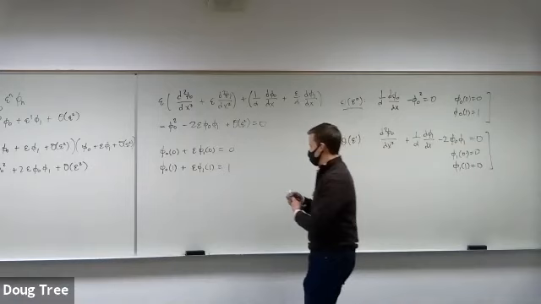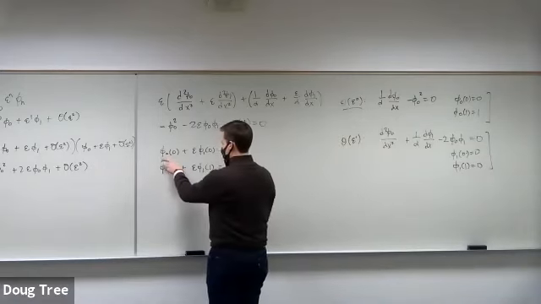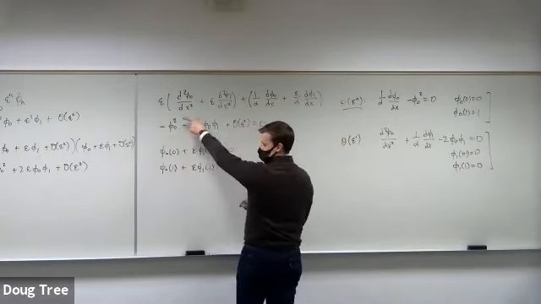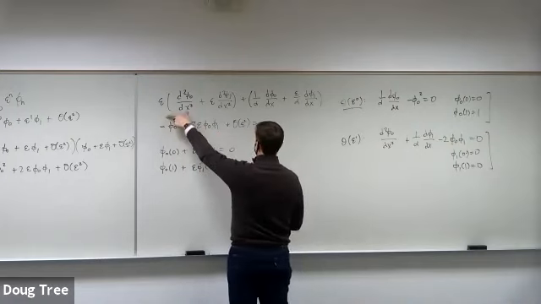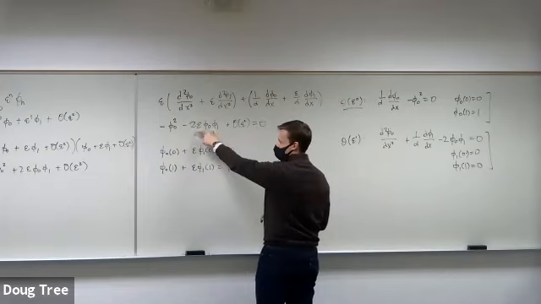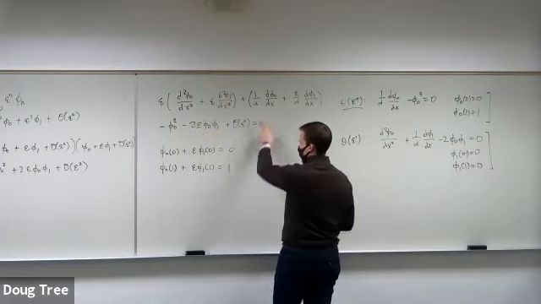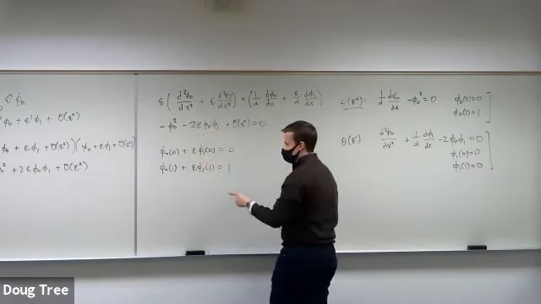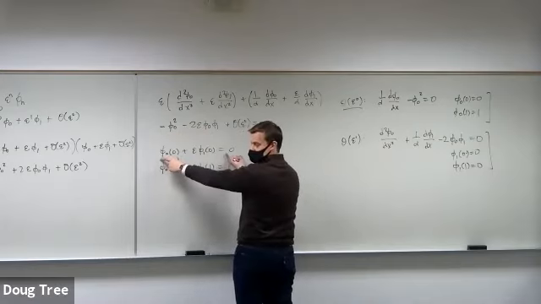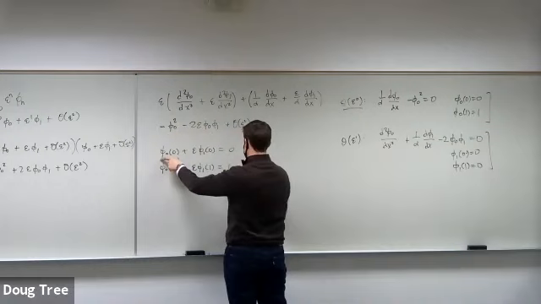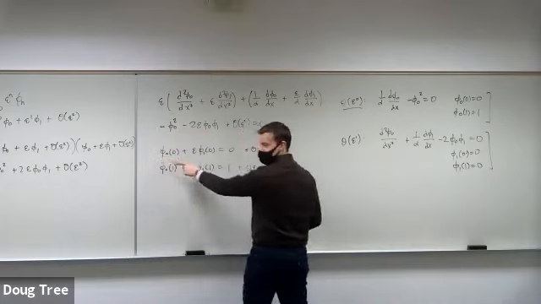Okay, so let me say this. Up here, I'm collecting all the terms that have either an epsilon in front or nothing, right? I'm doing the same thing here. So I collect terms that have nothing in front. So there's a plus 0 times epsilon right here. Does that make sense?